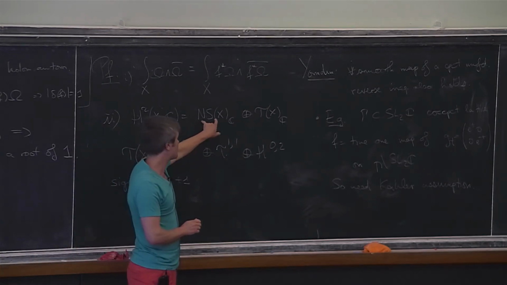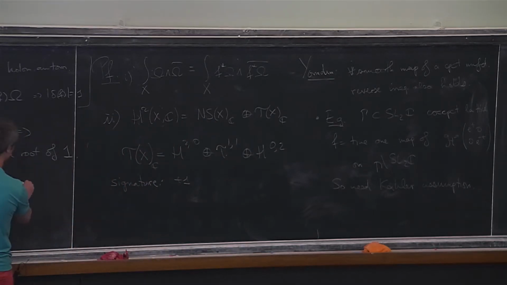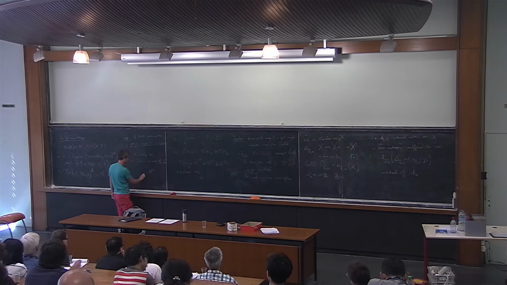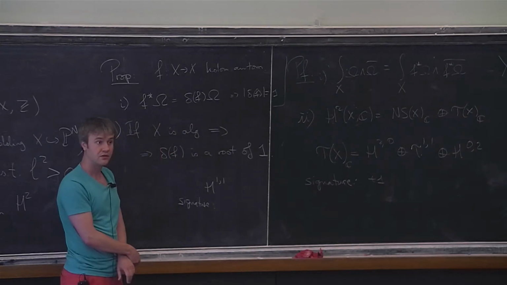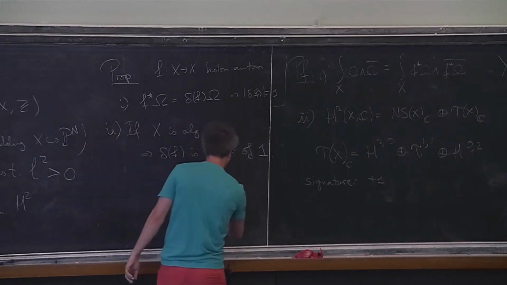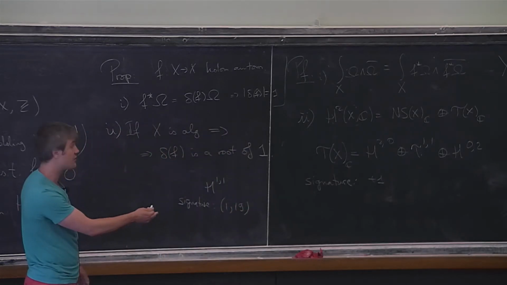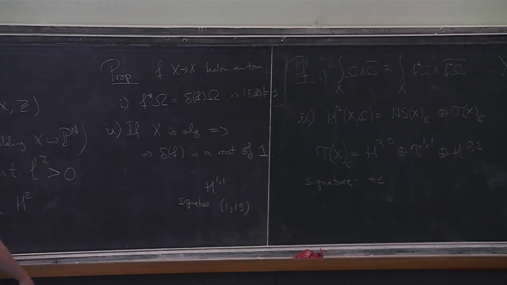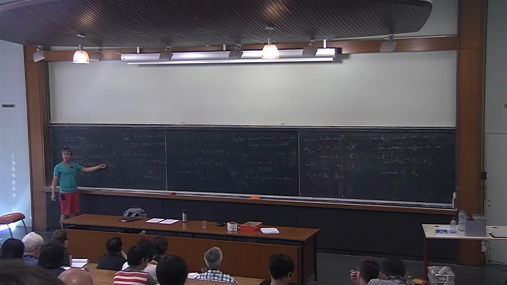As an aside, remember, what was the signature on H11 for the inner product? It was (1,19). It was indefinite, with one positive direction and 19 negative directions. If we're in the algebraic case, the assumption is that there's a positive direction in the Néron-Severi group.